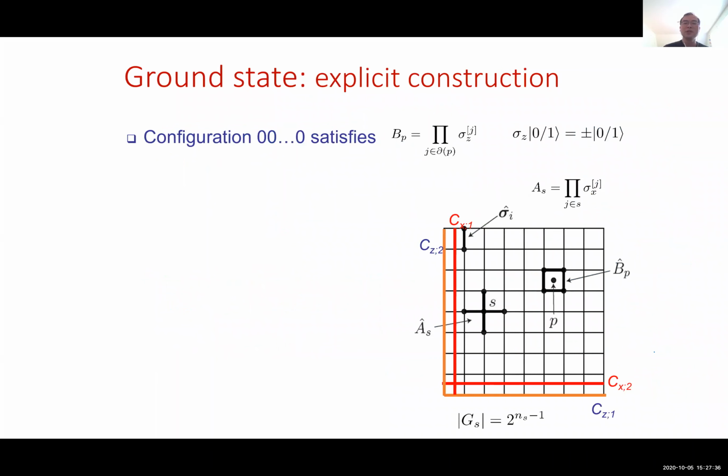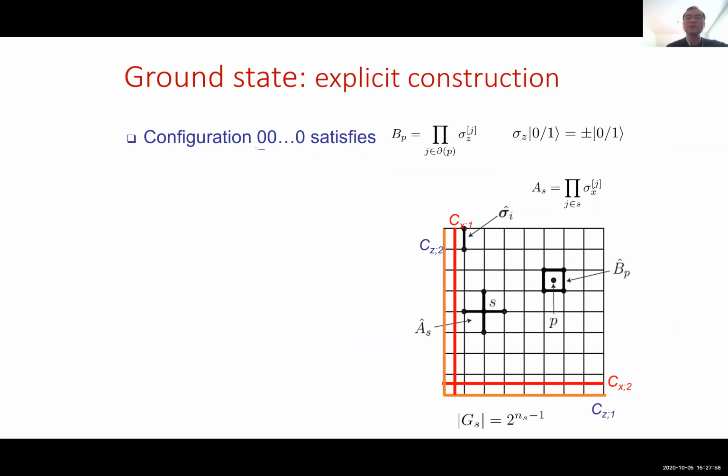Okay, so next I want to talk about exact ground state. Yeah, so that's what I'm going to write down. So we're going to construct the ground state. And there are 4, so let's first get one and then see if we can get the other. So how do we construct that?